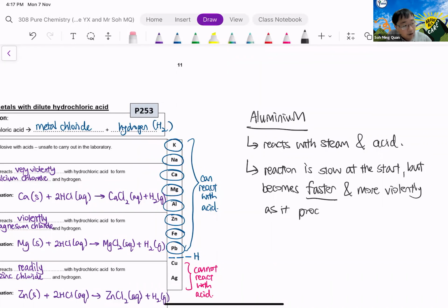Now, this is a trademark, a very unique point about aluminium. All right, any reaction with aluminium metal itself is slow to start, but it becomes faster and more violent as the reaction proceeds.